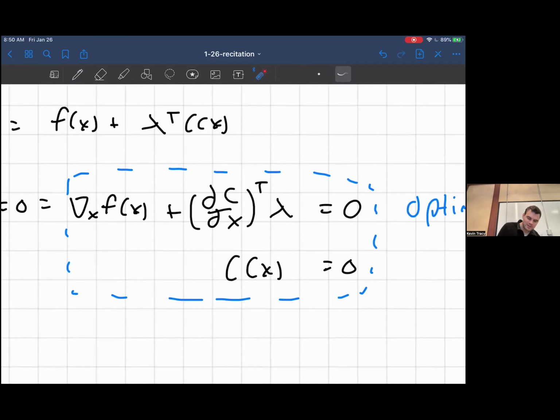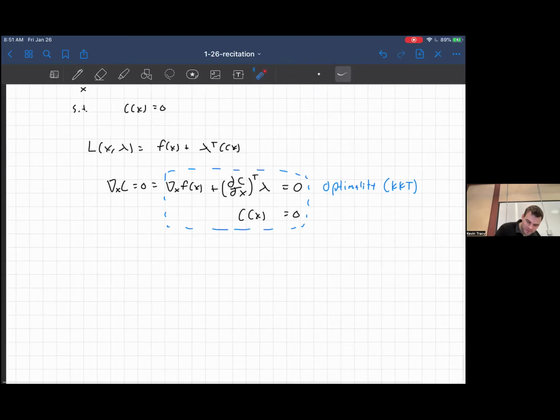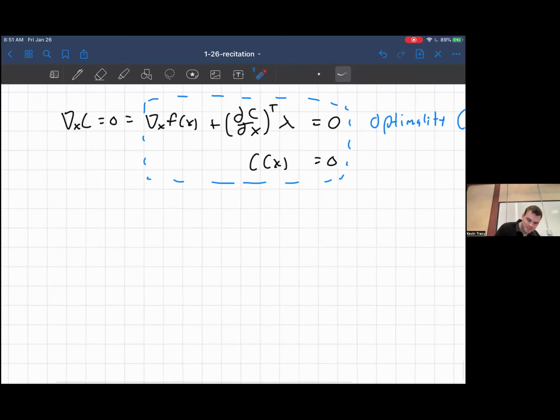So once again, I took a constrained problem, I wrote down the optimality conditions, and once again, I have a root finding problem. So I will use Newton's method, our root finding method, to find the solution of this. And the way that I do this is actually pretty clever. I think about things in terms of some new variable z, just a concatenation of x and lambda.